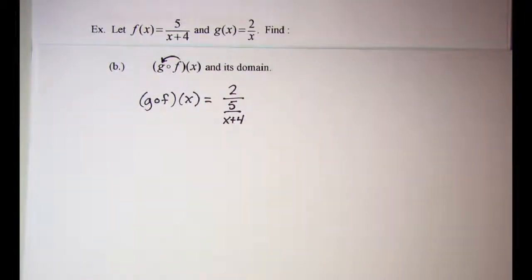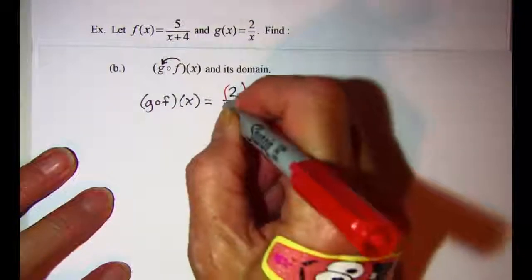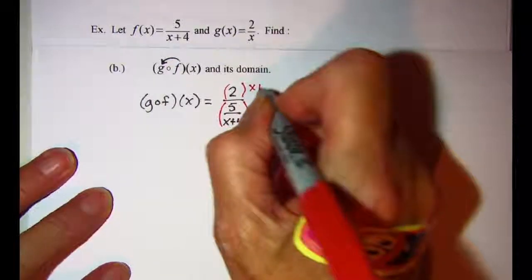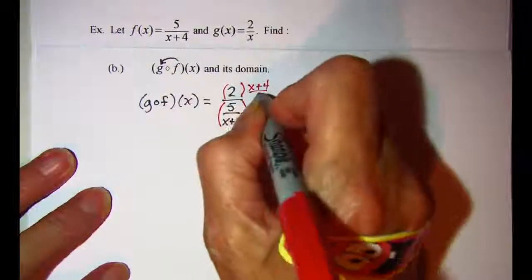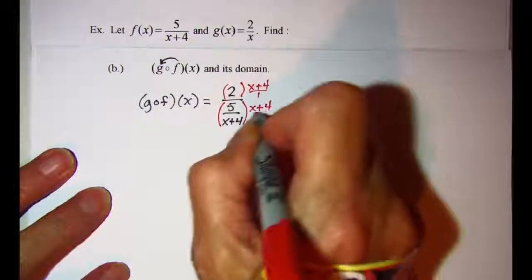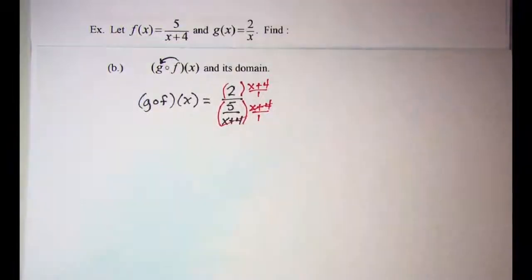To simplify this complex fraction, we'll take the numerator and the denominator and multiply them each by x plus 4. So this one will cancel.